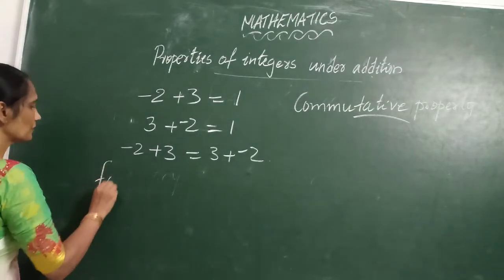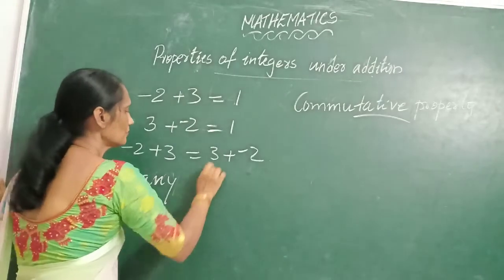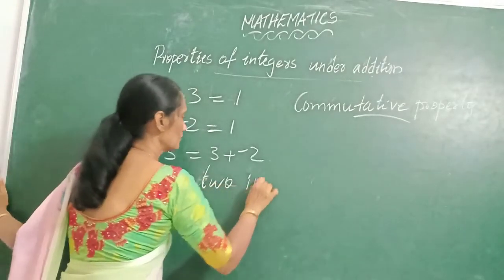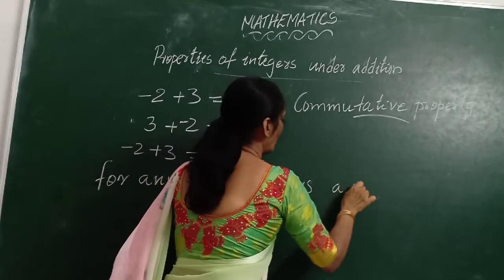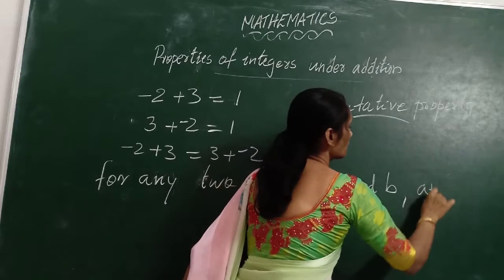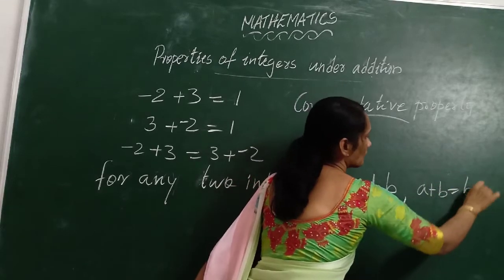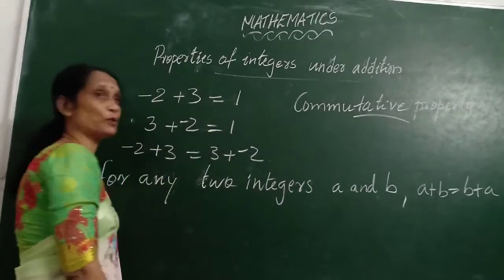For any two integers a and b, a plus b is equal to b plus a. That is known as commutative property.